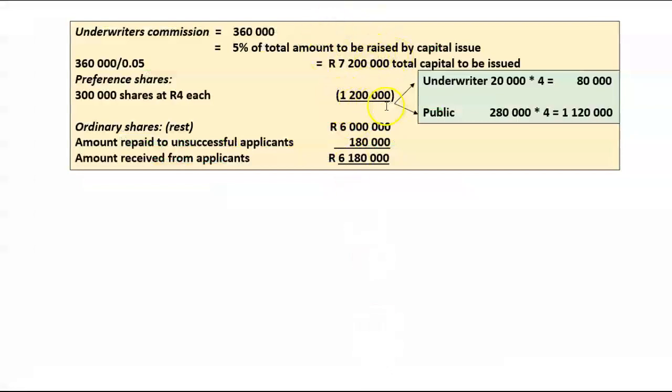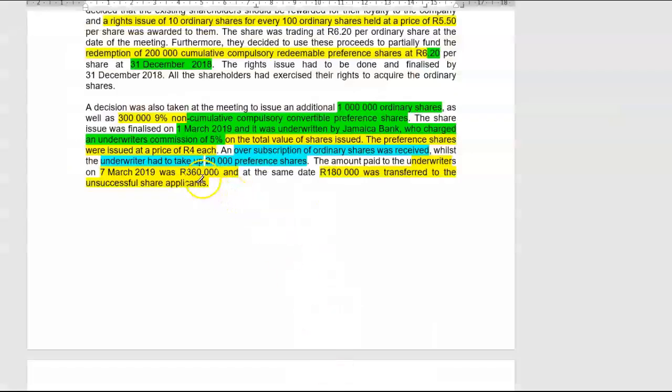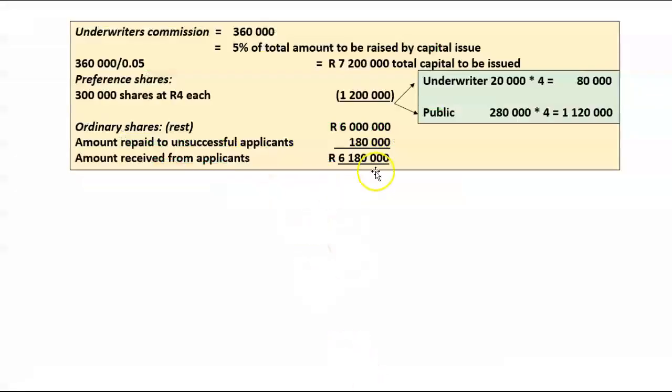The difference between those two must be the amount that I wanted to raise for ordinary shares, 6 million rand. Now, they repaid at the end of the day 180,000 to unsuccessful applicants. So the amount that they received from the applicants for ordinary shares was equal to 6,180,000.